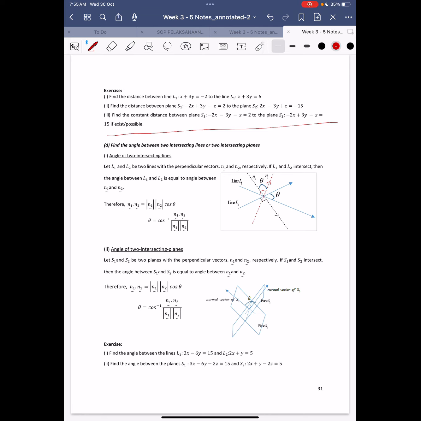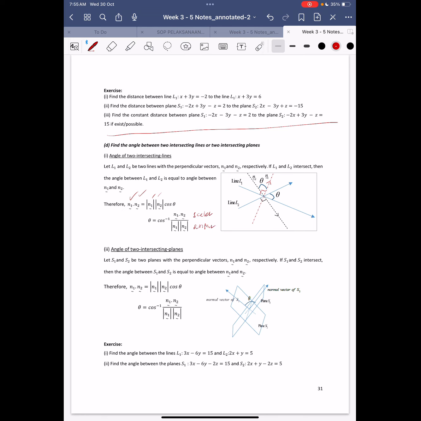So now we want to find theta. If we have two intersecting lines, we can find the normal of each line, N1 and N2, and you can do cos inverse of N1 dot N2 over the product of their lengths. You get a scalar on top, and below here you also get a scalar, because it's a magnitude.